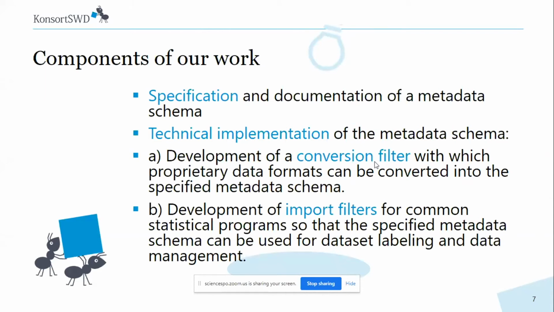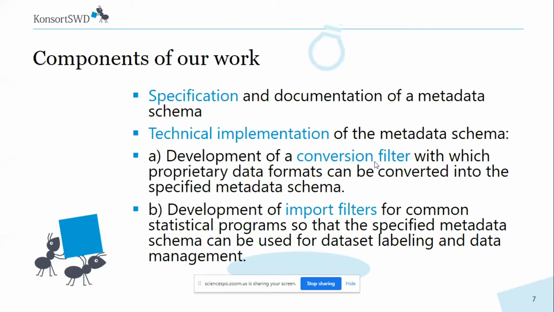So from the overall mission of the project, we decomposed our goal into several specific working components. The first task is to specify and document a metadata schema. It is a central work throughout the whole project, and we will start from an expandable minimum specification and keep developing it into a well-structured schema.